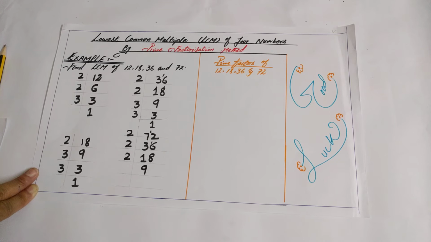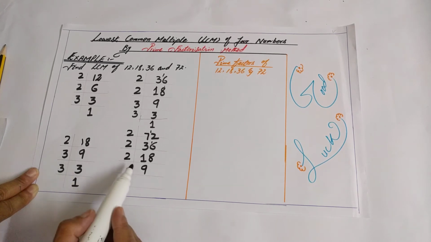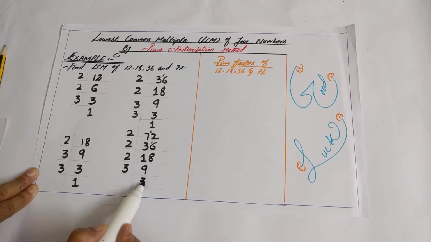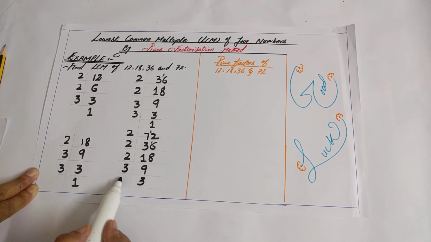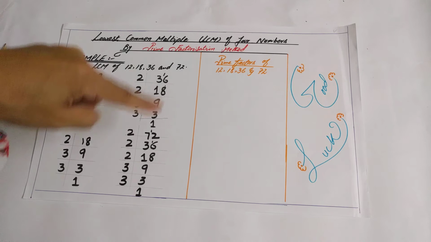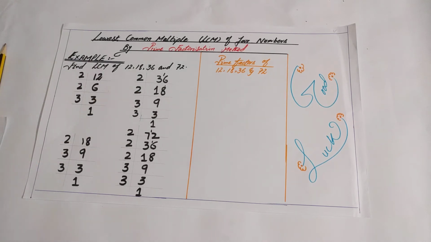Now 9 is not divisible by 2, so we will move to the next prime number, that is 3. 3 3s are 9, and 3 is again not divisible by the smallest prime number 2, so we will divide it by 3. 3 1s are 3.